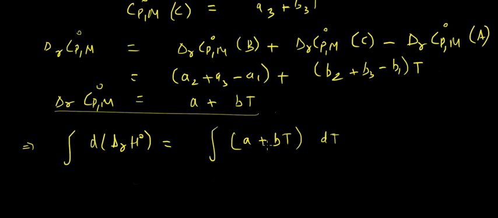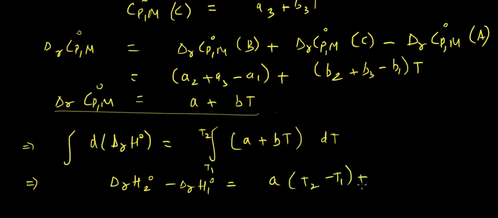This is again from T1 to T2, so delta RH2 naught minus delta RH1 naught would be equal to A times (T2 minus T1) plus B by 2 times (T2 square minus T1 square).